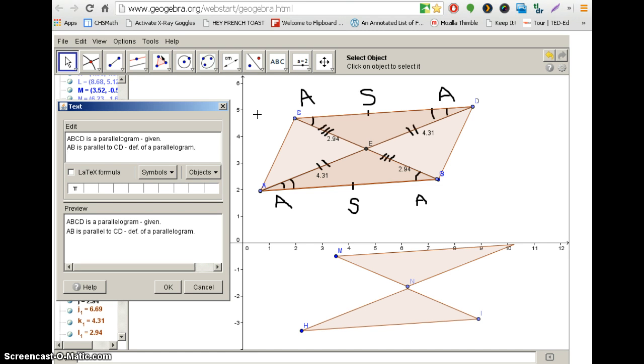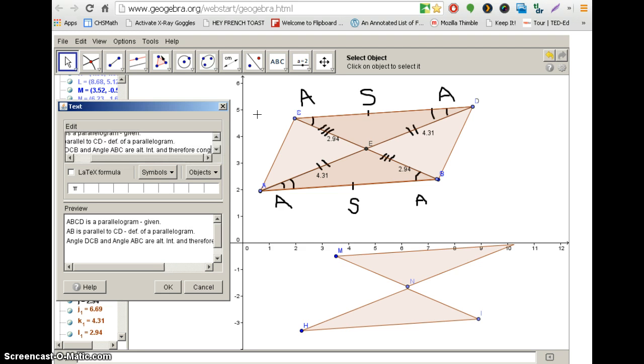Okay, and then angle DCB and angle ABC are alt interiors and therefore congruent.